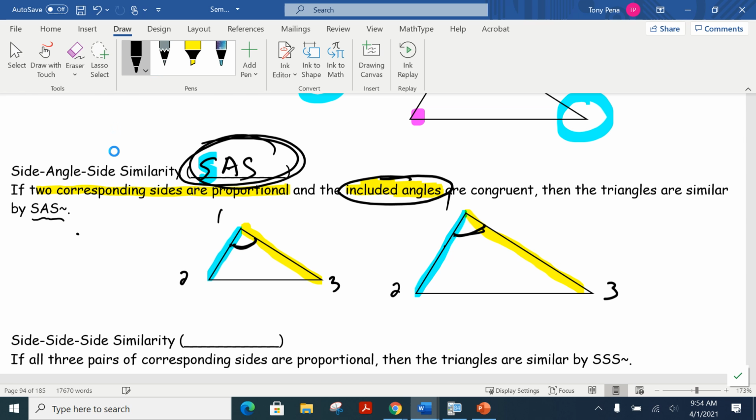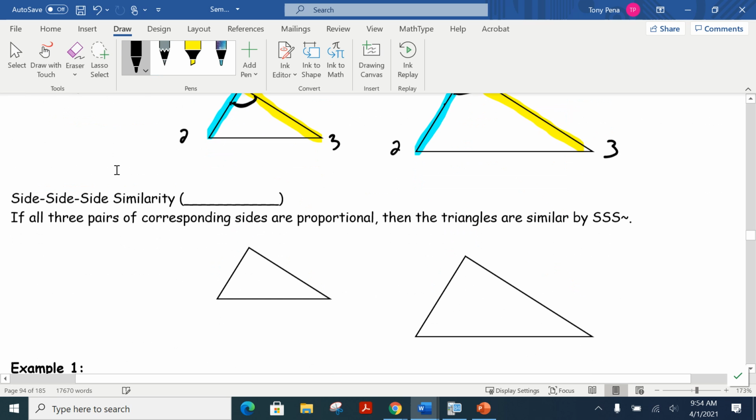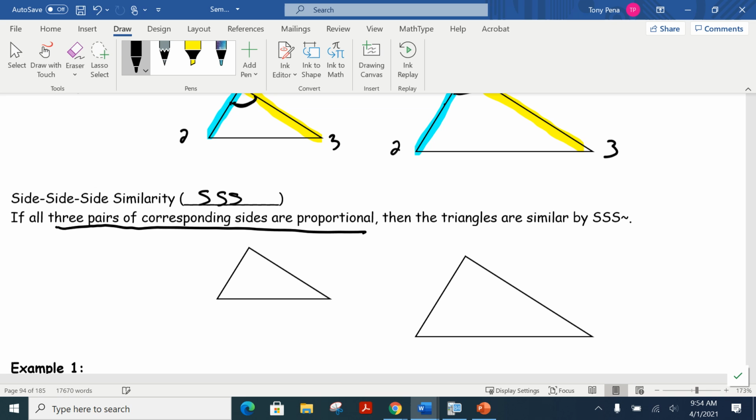All right. And then the third one, pretty straightforward with this one, side, side, side. If all three pairs of corresponding sides are proportional, so they have the same ratio to each other, then we know the triangles are similar, and we would say because of side, side, side similarity. Okay. So we'll use the one I used the other day. Let's pretend it's a right triangle.